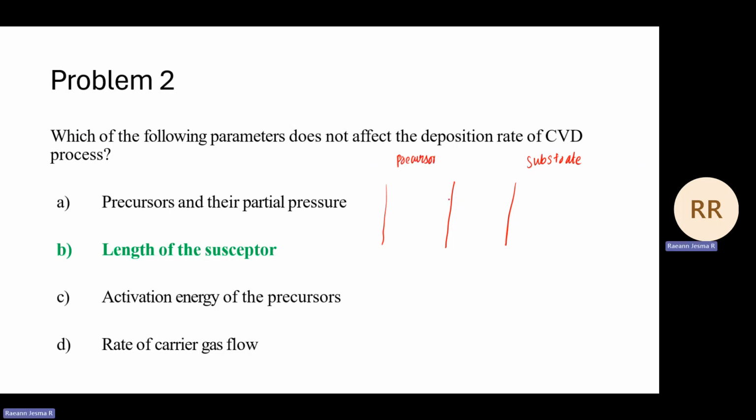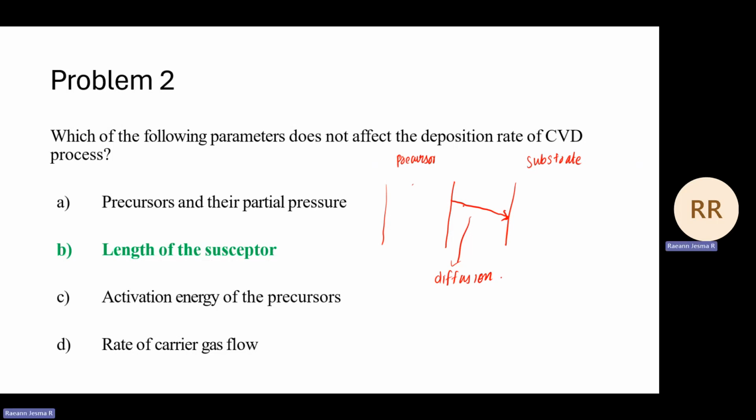So my precursor has to flow from here to the substrate, and then at the substrate it has to react. The flow of the precursor from where the gas is flowing to the surface of the substrate happens by a process called diffusion.